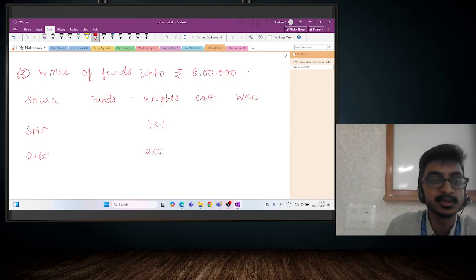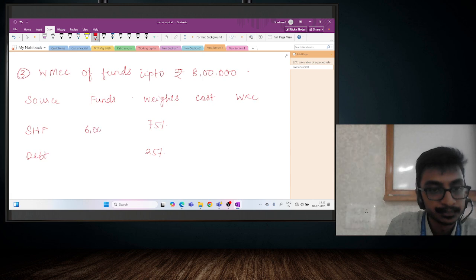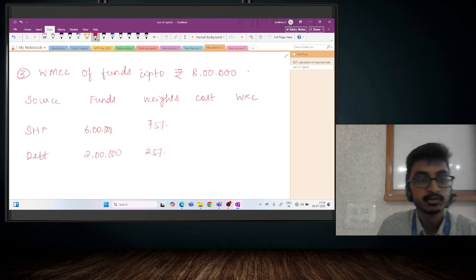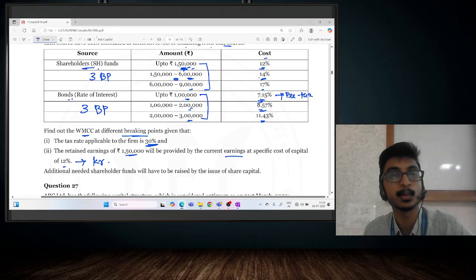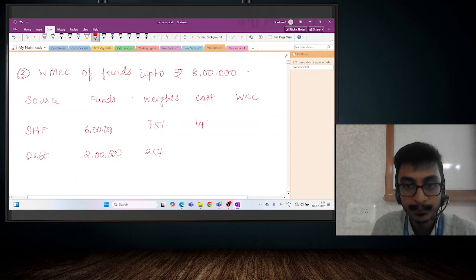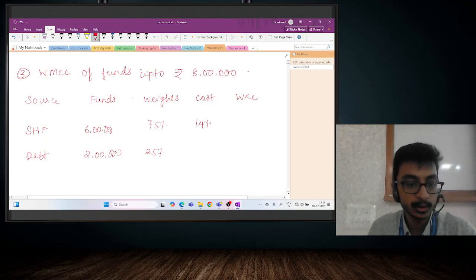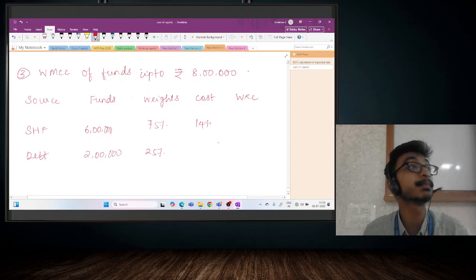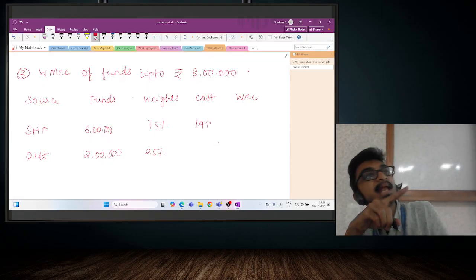So what is 75% of 8 lakh? We get 6 lakh rupees. 25% of 8 lakh, we get 2 lakh rupees. So what is the cost of raising 6 lakh rupees of shareholders fund? It is 14%. Cost of raising 2 lakh rupees of bonds is 8.57, but don't take 8.57 directly, that is pre-tax.